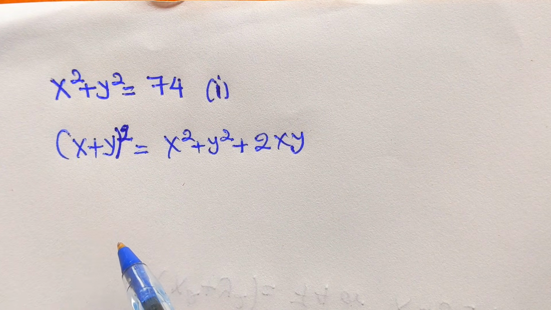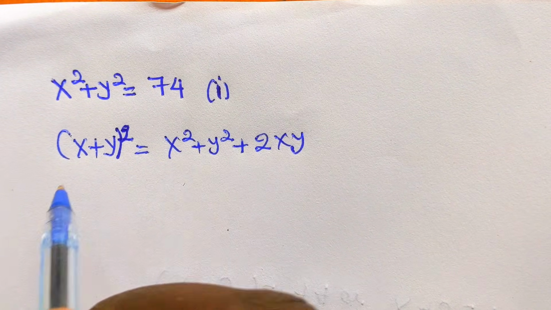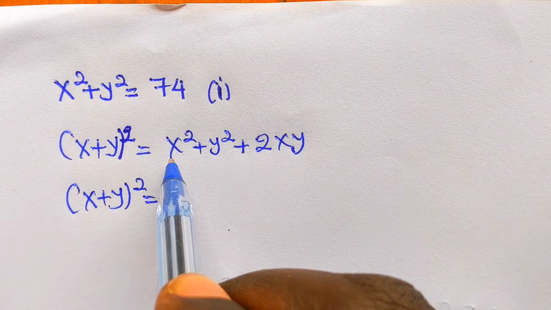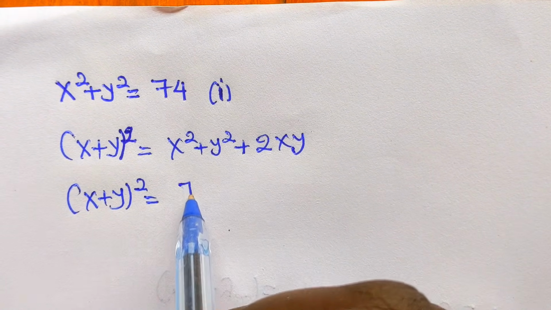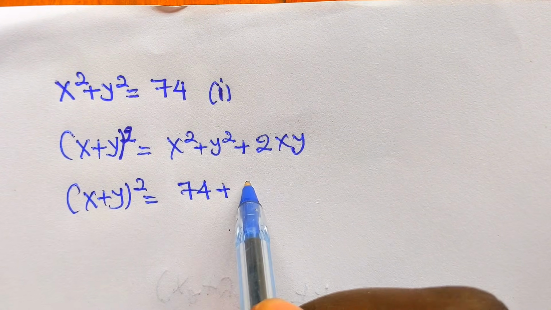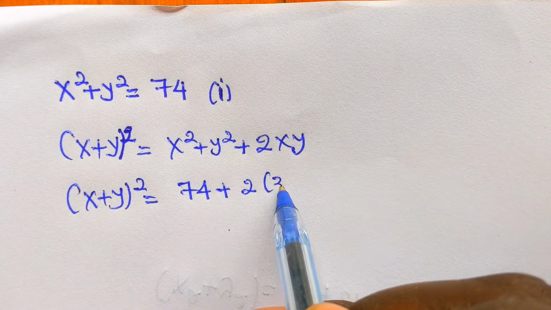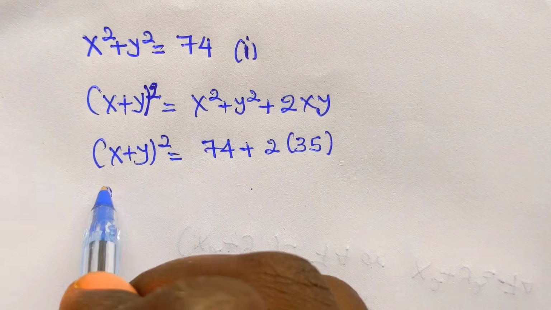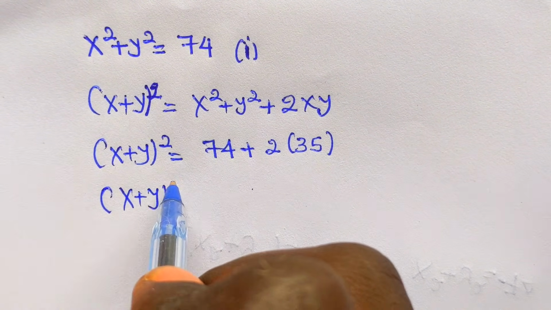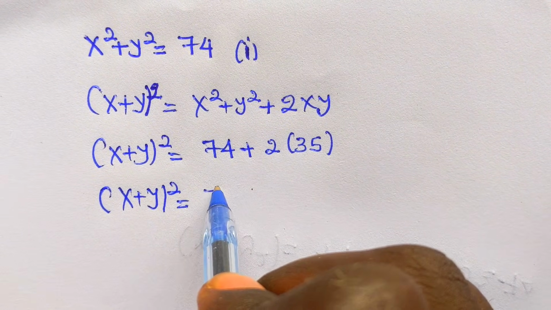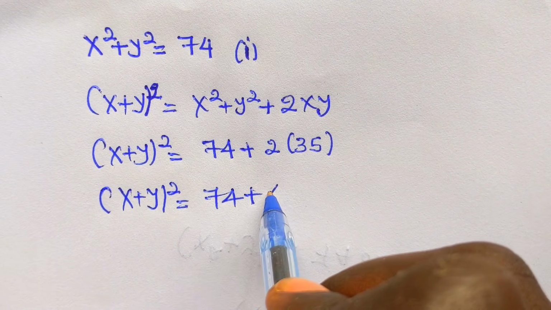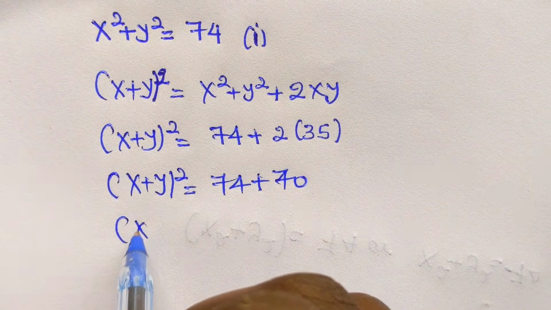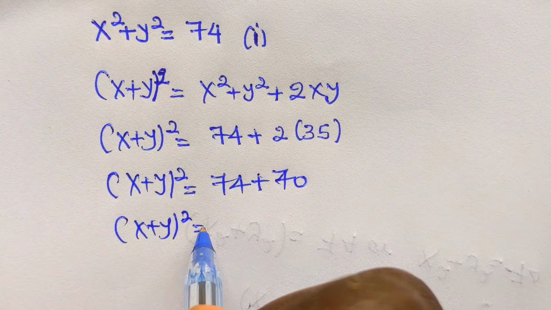So x plus y squared is 74 plus 2xy, which is 70, so x plus y squared equals 74 plus 70.